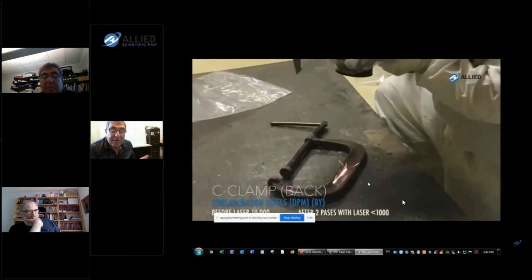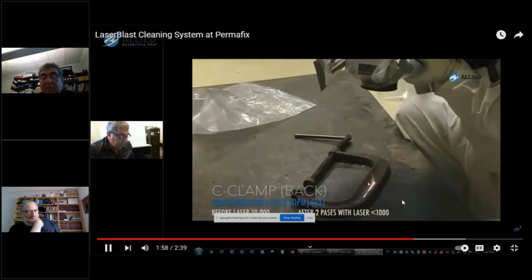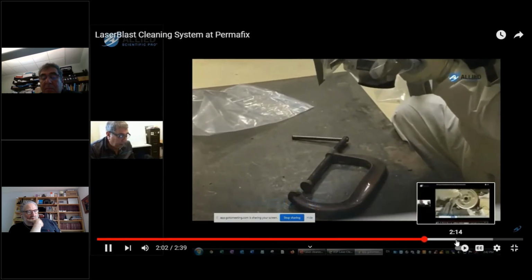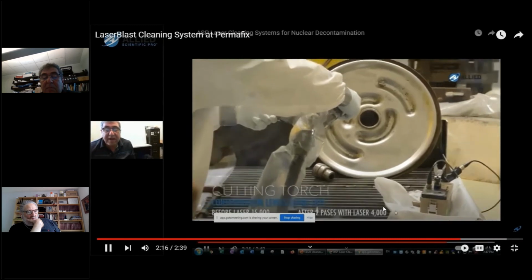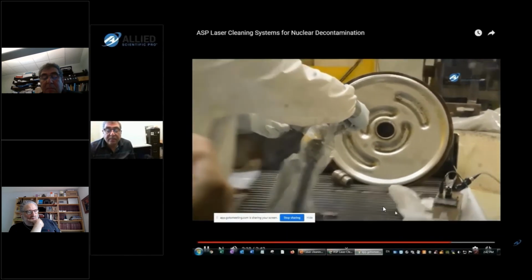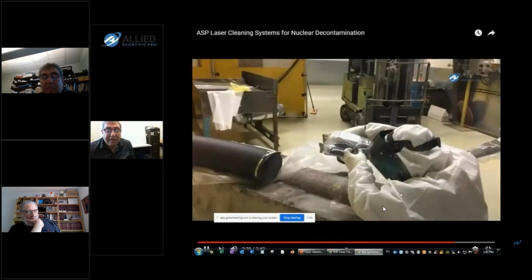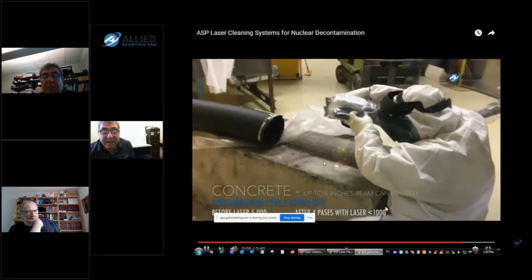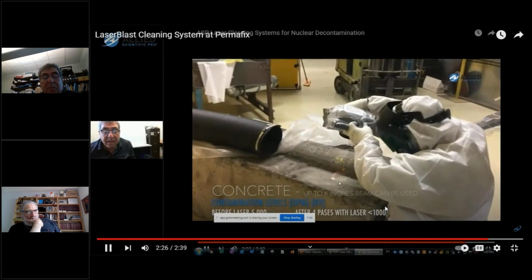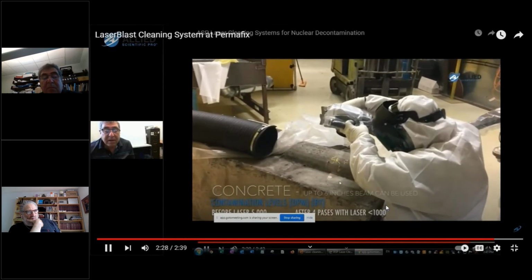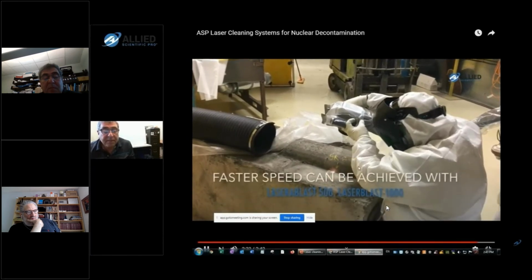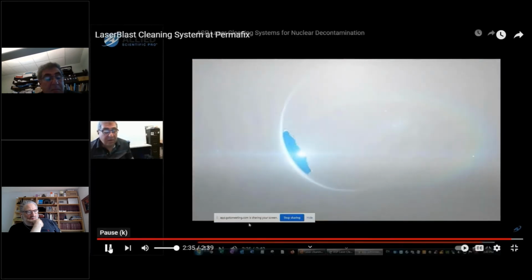There is a curvature there. After 2 passes, it was 4,000. And finally, there is a concrete block, which was the most difficult one. That's why it has a small beam, because there's all kinds of pore structure. So there are all kinds of pores.